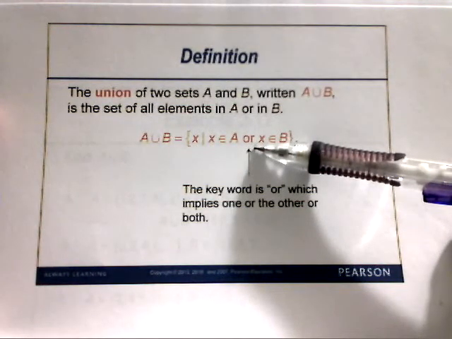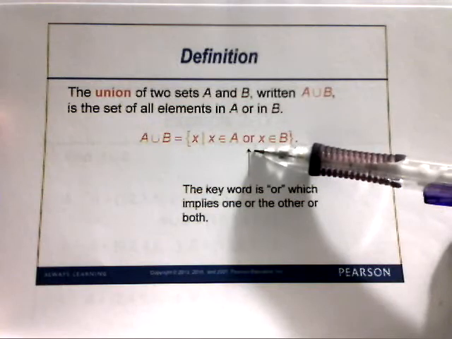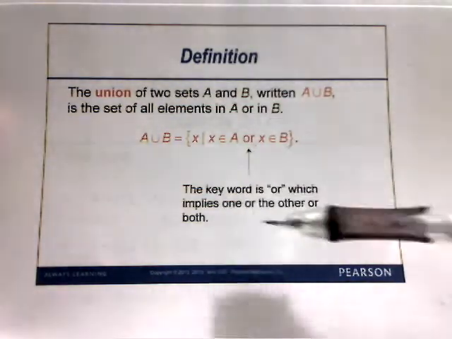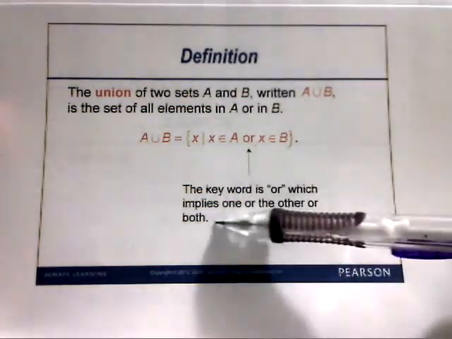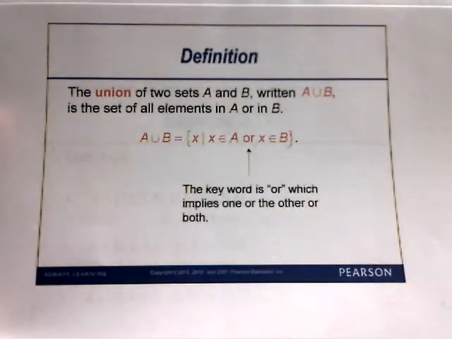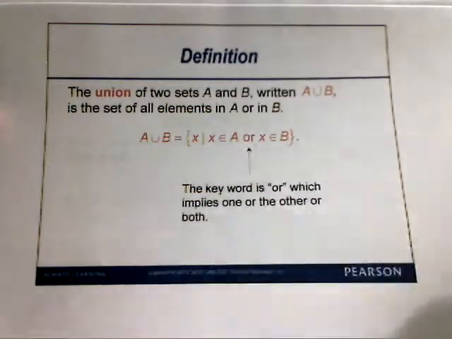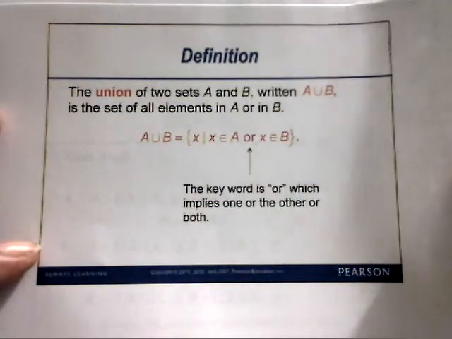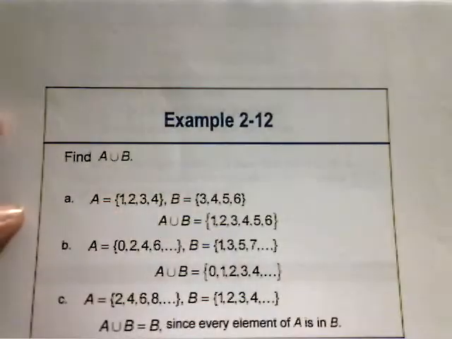We're going to be using the inclusive or, and that implies one or the other or both. That's what we mean by the inclusive or, because we're dealing with one or the other or both.